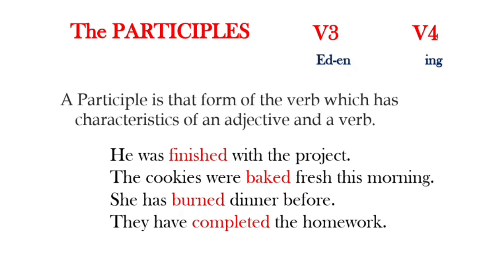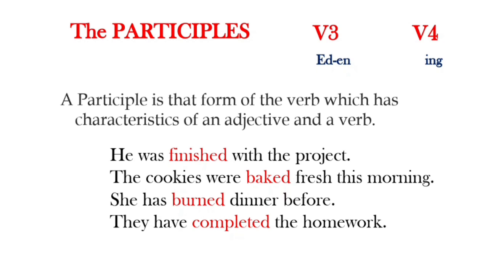Look at these examples. He was finished the project. Here he is a subject, was is a finite. The next word finished is the verb 3. That verb 3 is called the participle and it is a non-finite. The cookies were baked fresh this morning. Then she has burned dinner before.